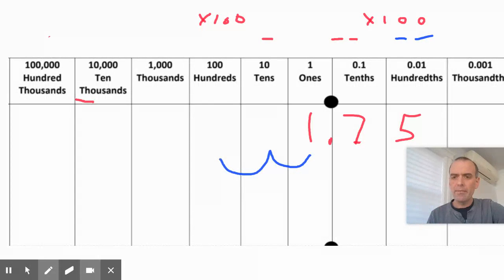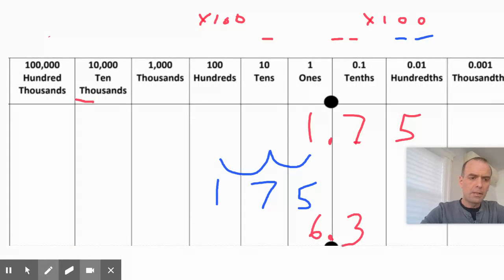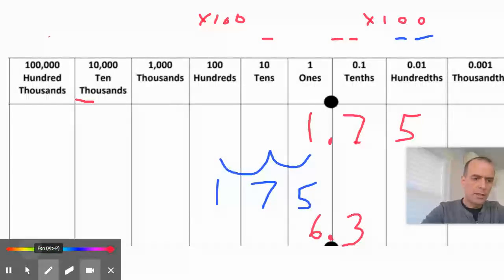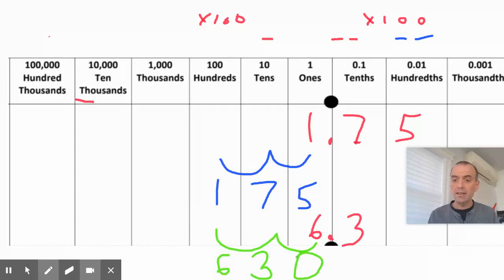So 1.75 times 100 is 175. Does that make sense? 1 times 100 would be 100, right? It goes 2 places. Then I had 6.3, and I'm multiplying that by 100. So I go 1 place, 2 places. The 6 moves over to the hundreds, the 3 to the tens, and I have to fill in a 0. So it's 630.